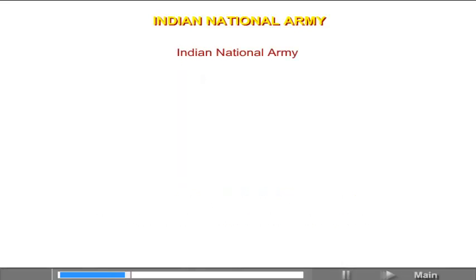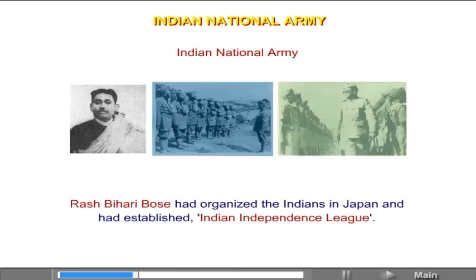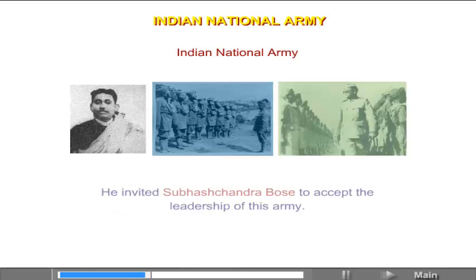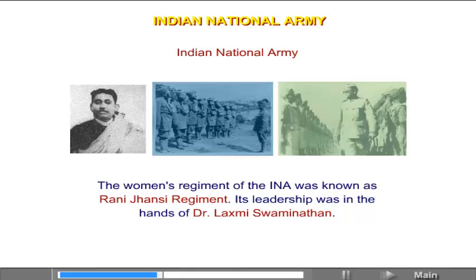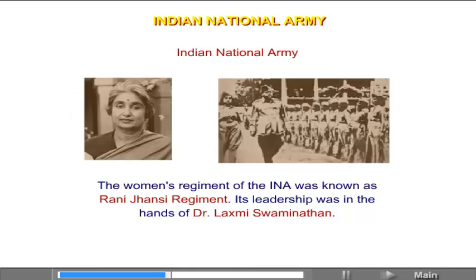The Indian National Army. Rash Bihari Bose had organized the Indians in Japan and had established the Indian Independence League. He invited Subhash Chandra Bose to accept the leadership of this army. A women's regiment of the INA is known as the Rani Jhansi Regiment. Its leadership was in the hands of Dr. Lakshmi Swaminathan.